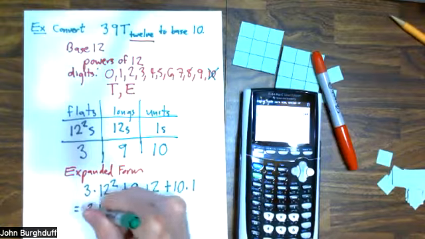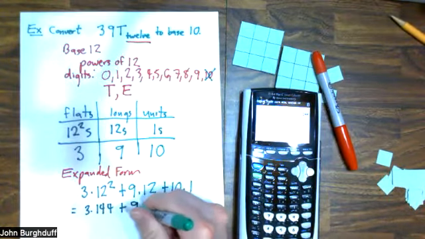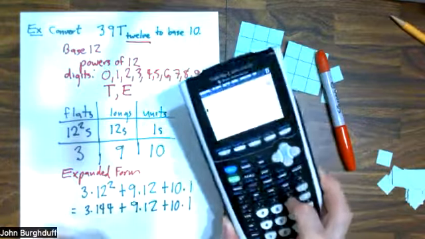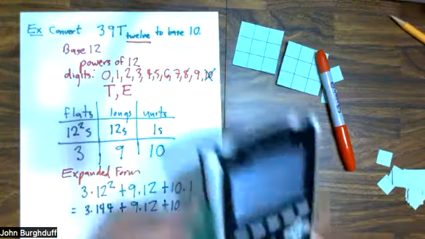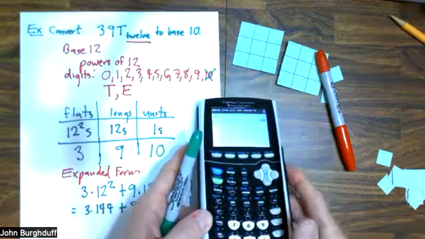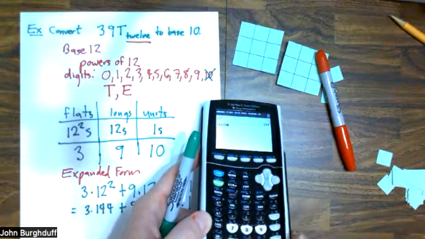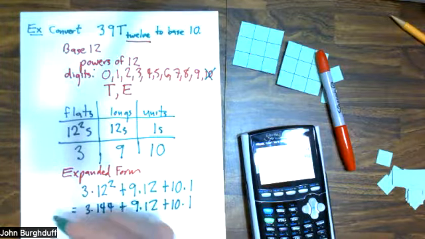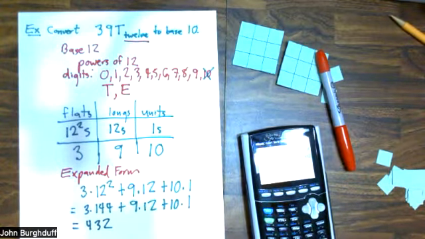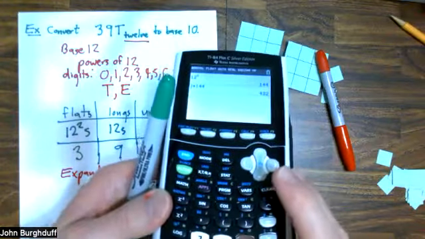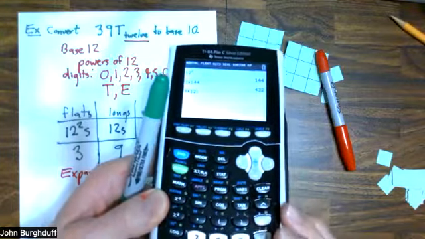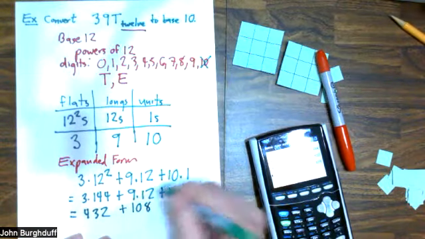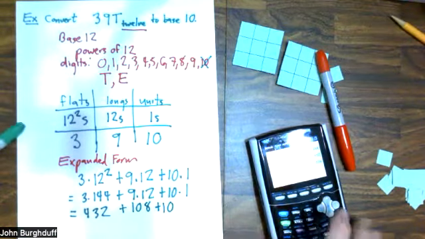So 3 times 144 is 432. 9 times 12 gives me 108. 432 plus 108 plus 10. And I simply add those 3 numbers together.